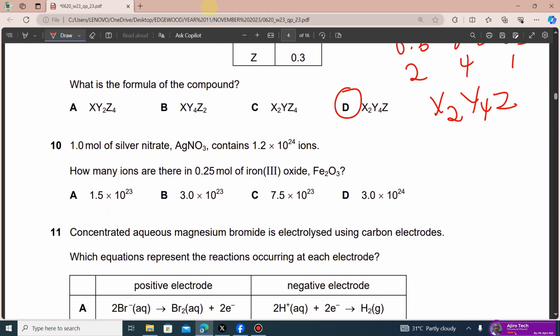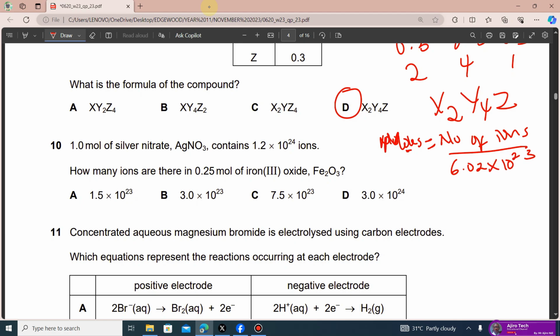1 mole of silver nitrate contains 1.2 times 10 to the power 24 ions. How many ions are there in 0.25 moles of iron 3 oxide? So first, the formula that relates everything is that the number of moles is the number of ions divided by 6.02 times 10 to the power 23.